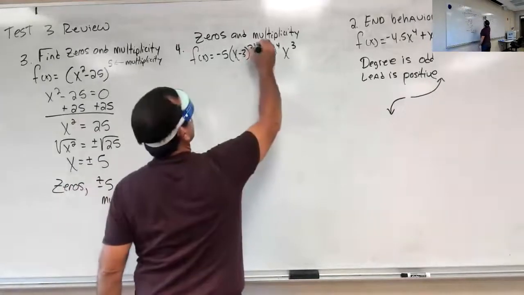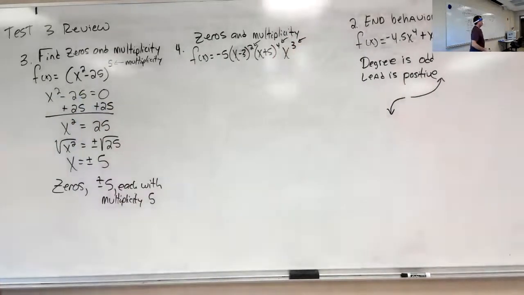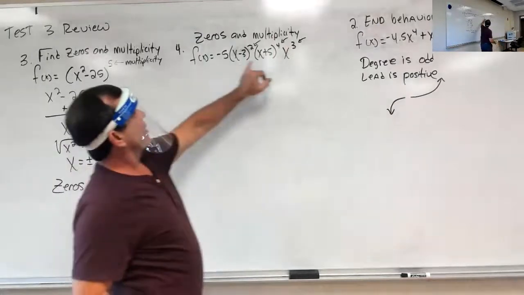All these exponents are going to be the multiplicities. And one of those factors I don't even care about because it doesn't have a variable. And that's that negative 5. We aren't worried about the negative 5 because it doesn't have a variable on it. But we are worried about the other 3.